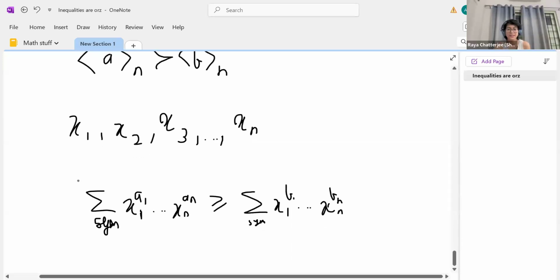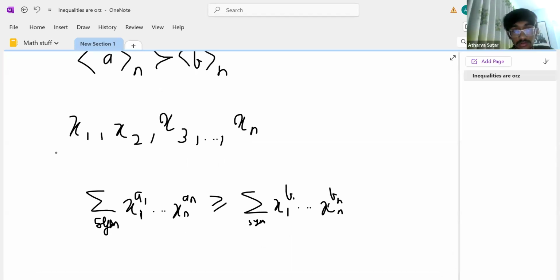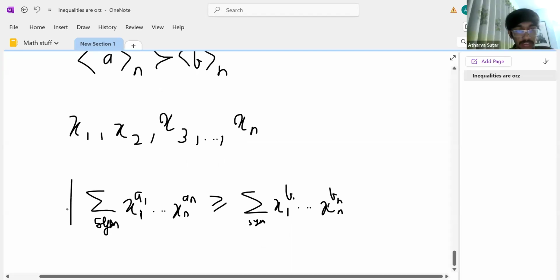Are all the x's real numbers? Yes, they're all positive reals. Otherwise you would get very weird stuff with the signs. Does everyone get this? This is the statement of Muirhead's.